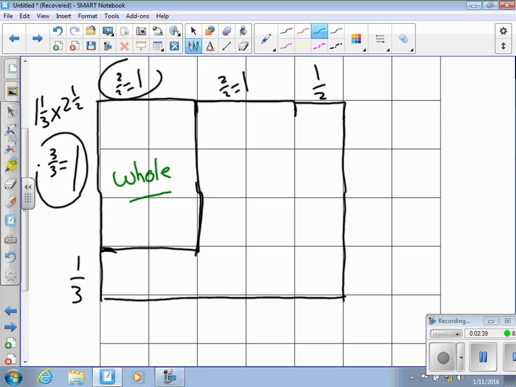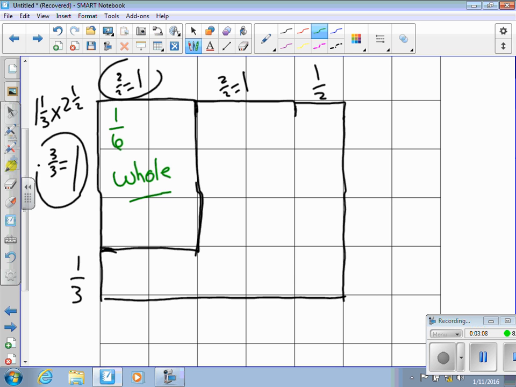So in our whole, for this particular model, we need to find out how many squares make up our 1 whole. And we can see that there are 6. So since 6 squares make our 1 whole, each of our squares is 1/6. So right here we can count how many 1/6 we have to find the product of 1 1/3 times 2 1/2.